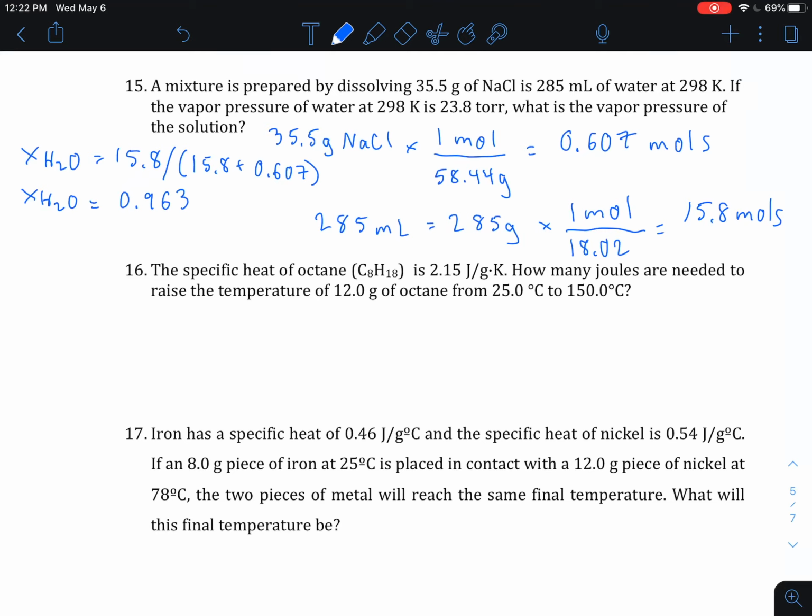So now 96.3% of the particles are water, so the new vapor pressure will be 96.3% of what it originally was.